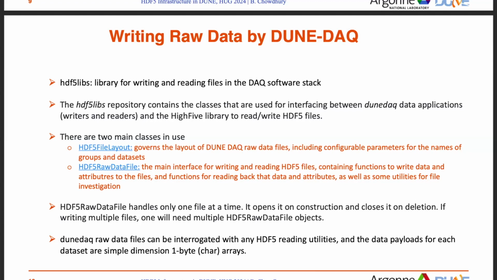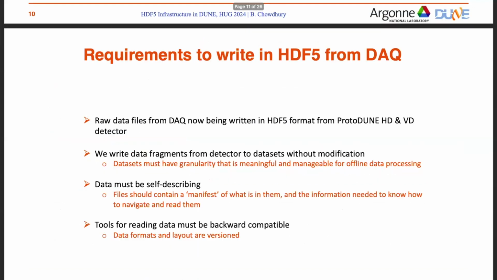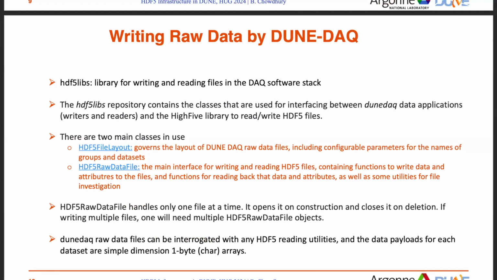There are two major classes in use, HDF5 file layout, which takes care of the DUNE DAQ raw data files, and HDF5 raw data file, which is the main interface for writing and reading HDF5 files. For this one, we can handle one file at a time, so if you're trying to write multiple files at a time, you have to create multiple instances of it. We also write it in such a way that later on, the file can be interrogated with any HDF5 reading utilities.